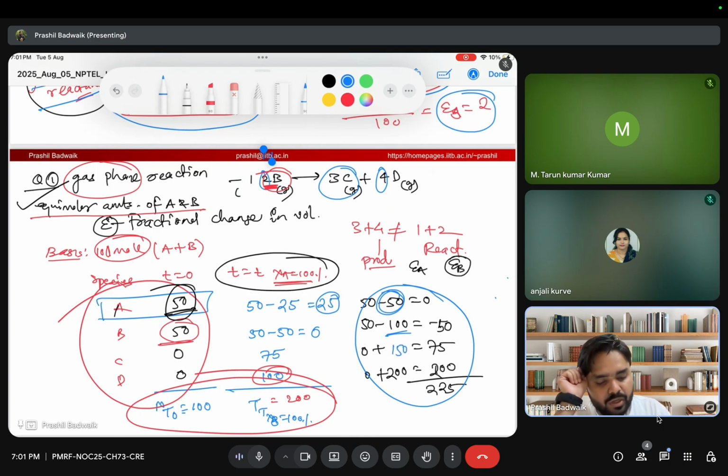And here it is 200. So this value would be 150.